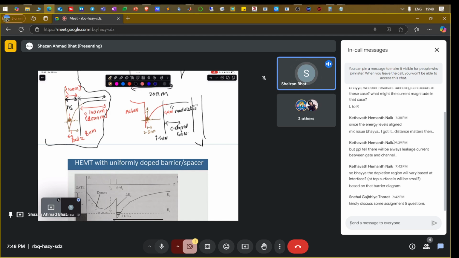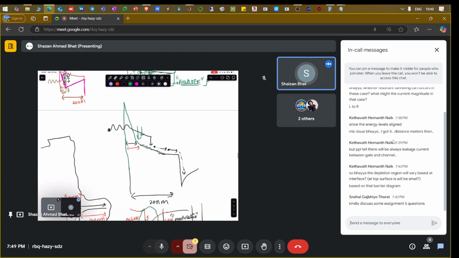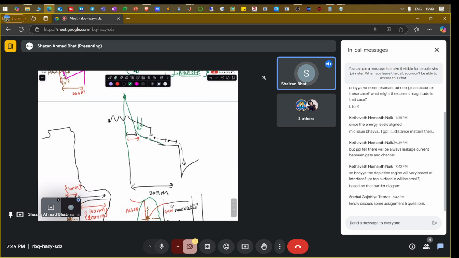This thing was around 200 nanometers, this thing around 150 nanometers. So you see the bulk region is overall behaving as it is, but the change is happening in a slightly smaller spatial region where the sheet charge is present. That is what you need to understand. And these two scenarios are exactly equivalent. This is a very small region.